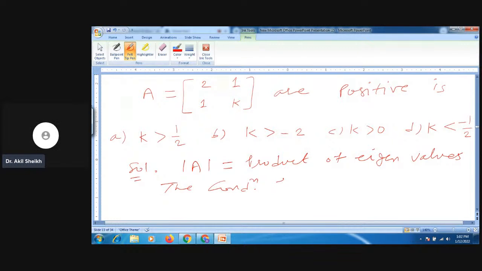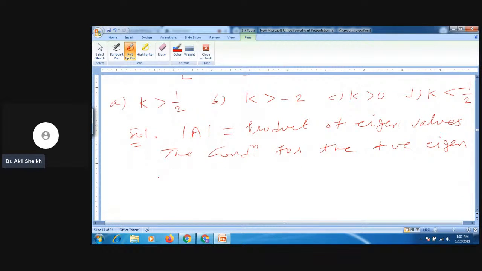What is the condition? The condition for the eigenvalues is here determinant of A is greater than 0. When determinant of A is greater than 0, then its eigenvalues are positive.